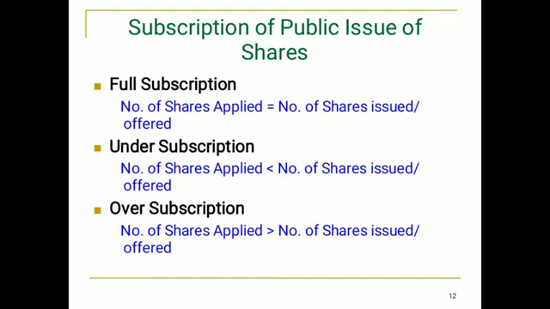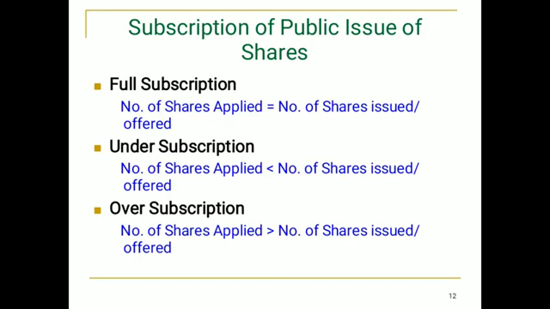Under subscription: number of shares issued कितने हैं? 30,000. Applicants कितने हैं? उससे कम हैं. Say for example 20,000. When the number of shares applied for is less than the number of shares issued or offered, it comes under the category of under subscription.